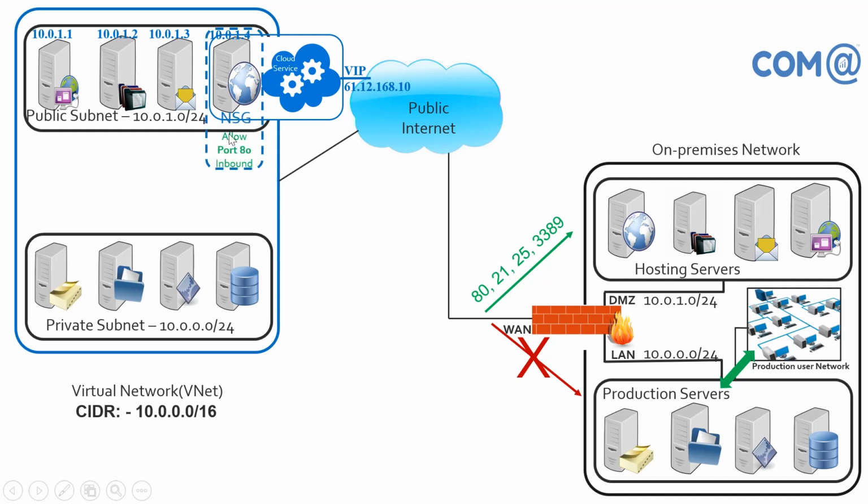As we discussed earlier, a network security group is something like a virtual firewall, inside which we can configure the rules. As we configure the inbound rules in the firewall, here in NSG also we can configure the inbound traffic. Whichever port should be allowed, the port number, and then the traffic direction can be defined in the network security group.